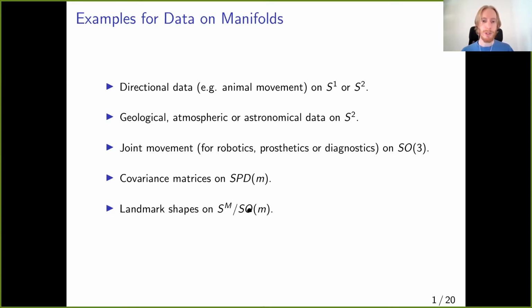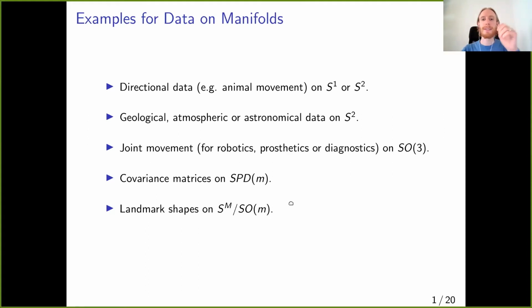And then you might want to factor out rotations, and that would give you the quotient space of the sphere, where you quotient out a rotation. So in two-dimensional space, M would be 2, and so on. In general, they can actually have degenerate regions, so they are stratified spaces, but they have a manifold part.